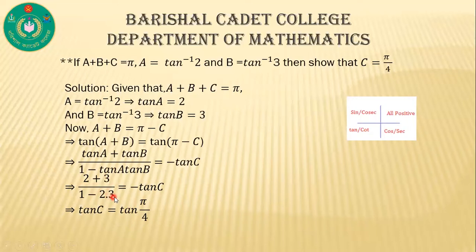Here 2 into 3, that means 6 minus 1 is equal to 5. Then we can write minus minus cancel. Then we can write tan c equal to tan pi by 4, because tan 1 is equal to tan pi by 4. Here tan, tan cancel. Then we can write c equal to pi by 4. This is our required result.